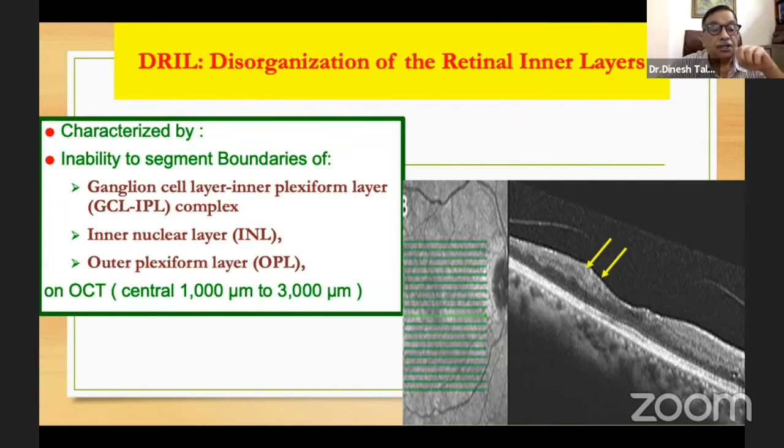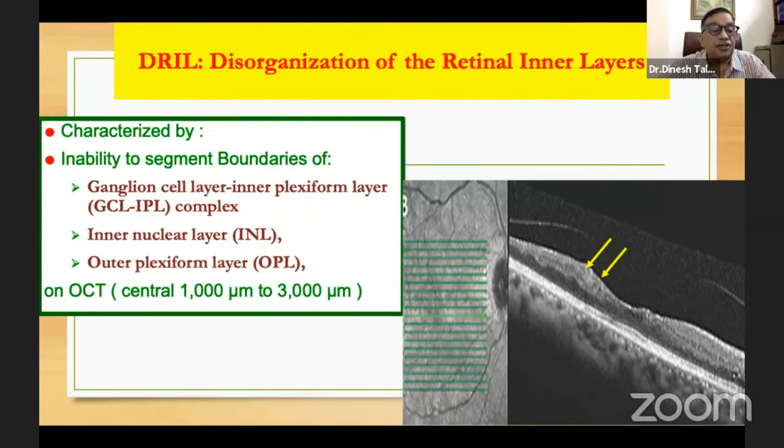Now, when you see this point, this is what we call DRIL. This is disorganization of the retinal inner layers. And this is a prognostic indicator that this patient may not get much vision improvement, even following intervention.